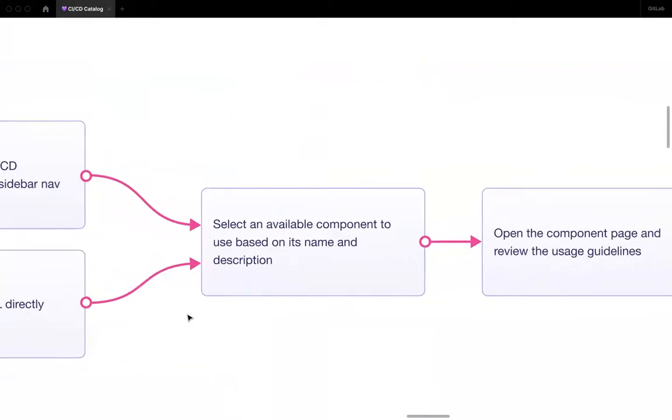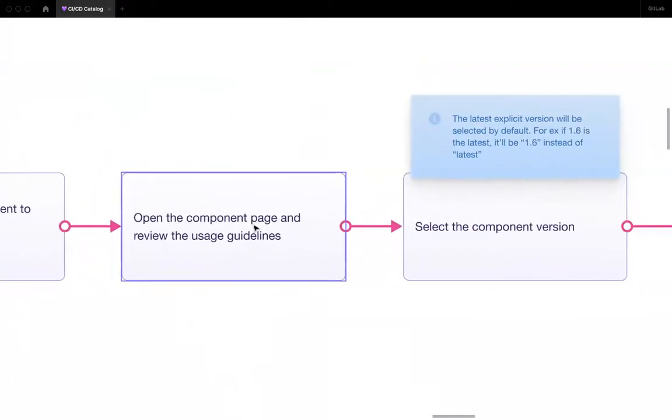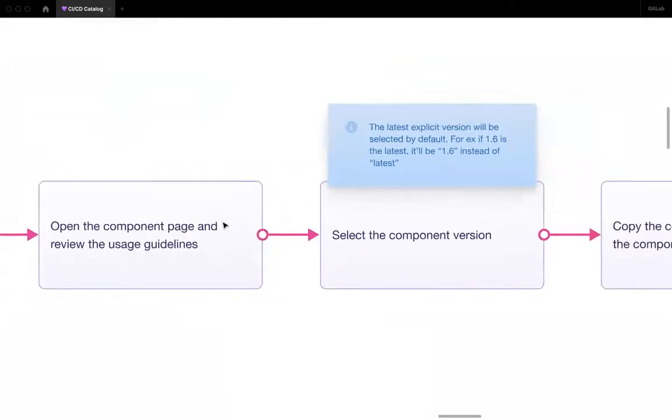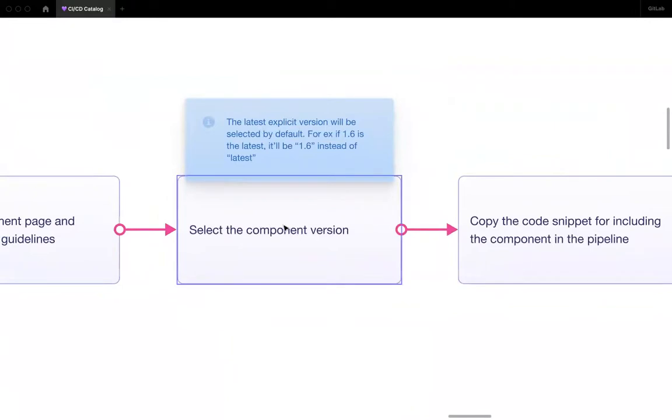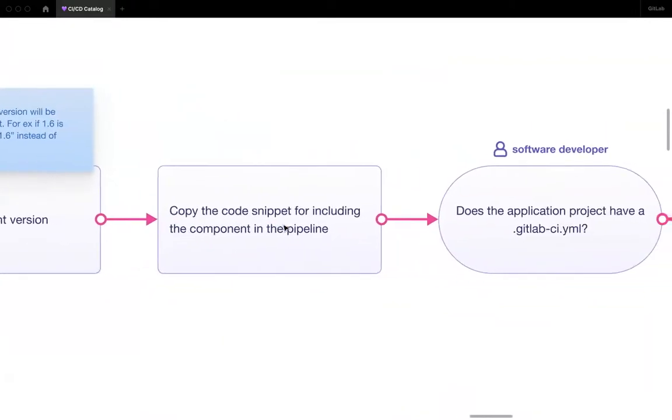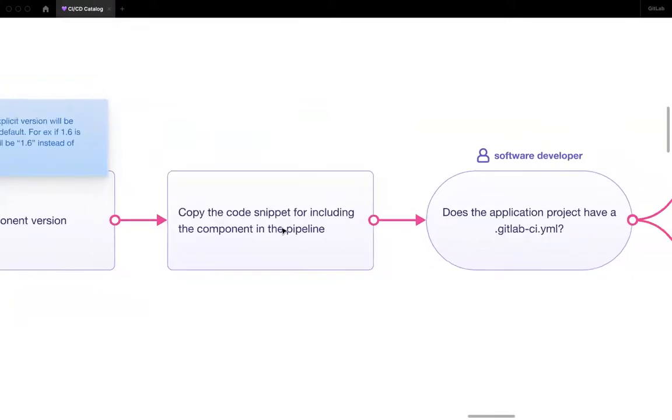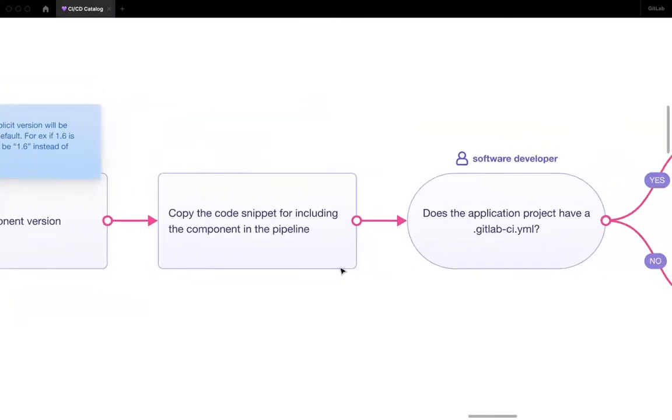You select the component to be used. You open the component page where you can see all of the usage guidelines, and we will pull this information from the component project README. All of the component info will be pulled from the component project that's been created. You would be able to select the component version. And from there, the flow is to copy the code snippet for including the component.